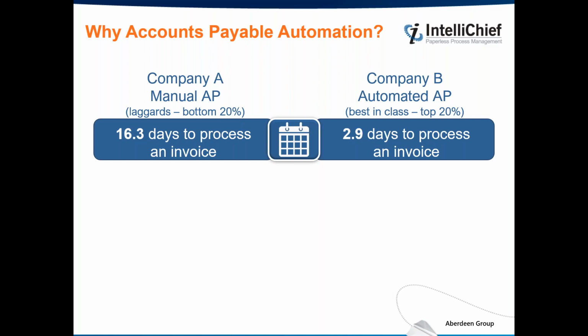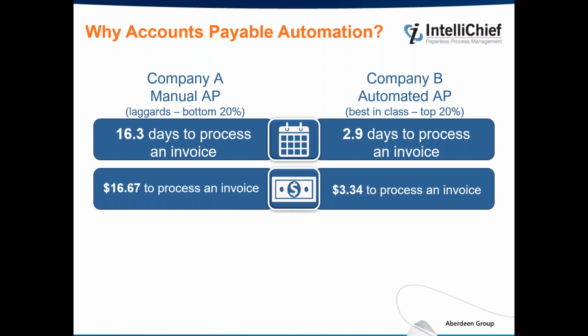So cycle time, and that really is going to allow you to chase after those early pay discounts, conversely avoid late fees and being put on the naughty list with your suppliers. What about just the cost to process an invoice?